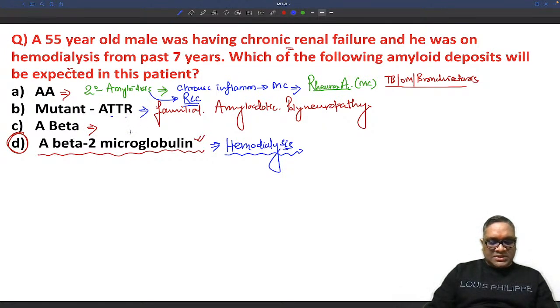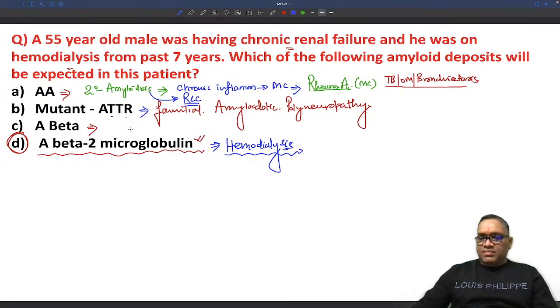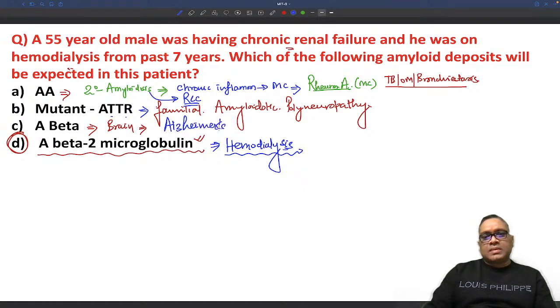Yes, very good, Sabyasachi. So please remember that mutant transthyretin is seen in familial amyloidotic polyneuropathy, right? And A beta is seen in the brain of Alzheimer's disease, right? In the brain vessels of which disorder? Alzheimer's disease, right? So in Alzheimer's disease, we are going to see A beta type of amyloid.